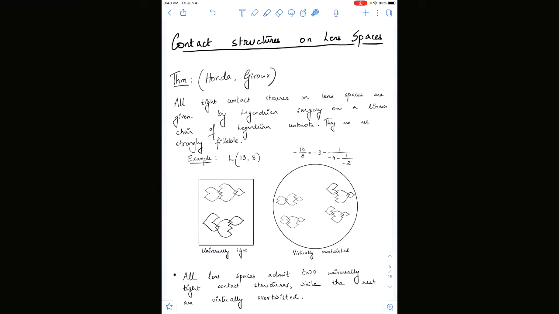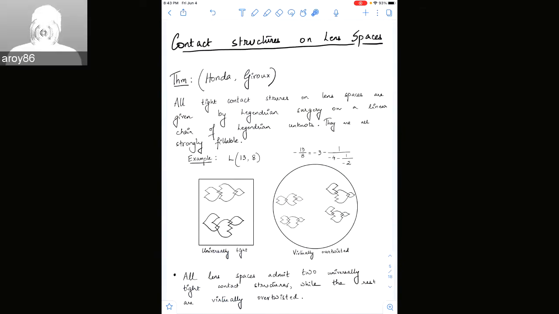Just to recall the classification of contact structures on lens spaces, Honda and Giroux proved that all tight contact structures on lens spaces are given by Legendrian surgery on a linear chain of Legendrian unknots. And they're all strongly fillable; in fact, as we just mentioned, they're all Stein fillable.